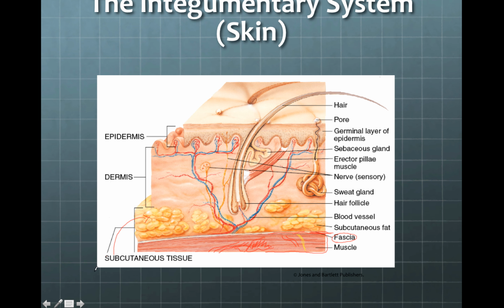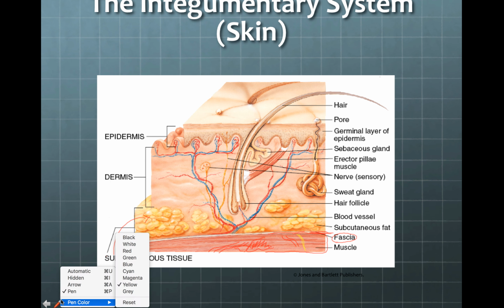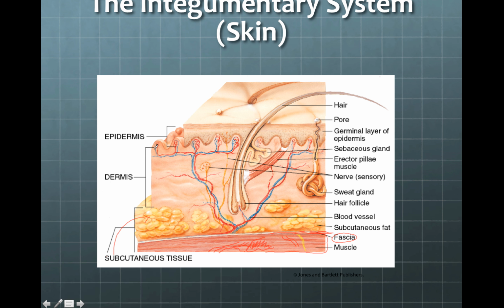Now, above the subcutaneous fat is going to be the dermis itself. And you can see that we have a lot of structures that pass through the dermis. Among them are going to be primarily your blood vessels, and you'll also have nerve endings that travel through here as well.